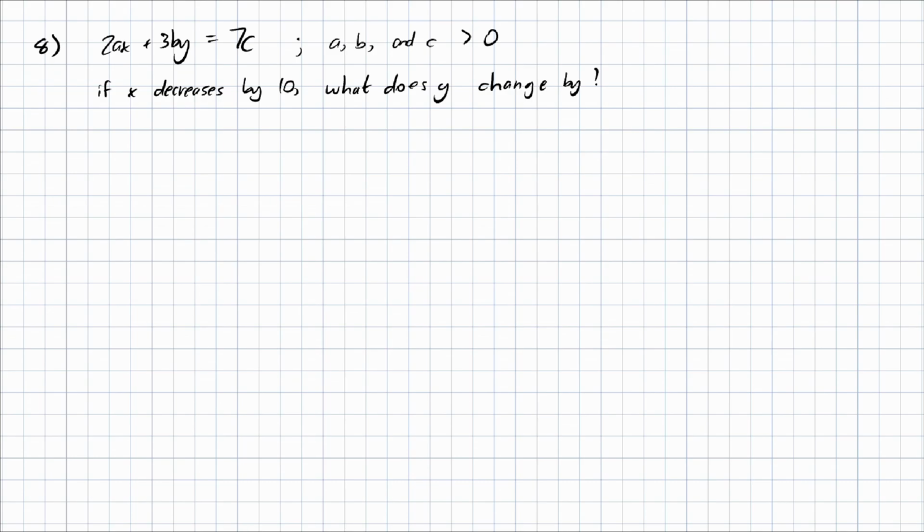Okay, so easiest way is to first isolate my equation, so I have y on one side and all other variables on the other. So 3by equals 7c minus 2ax. So y equals, let me see.